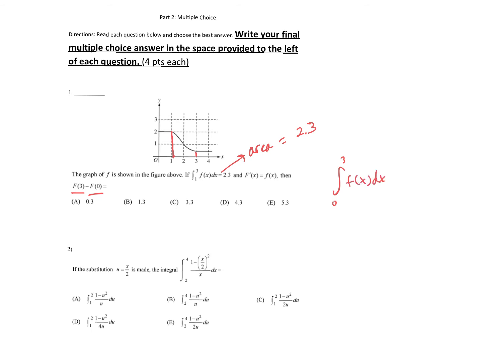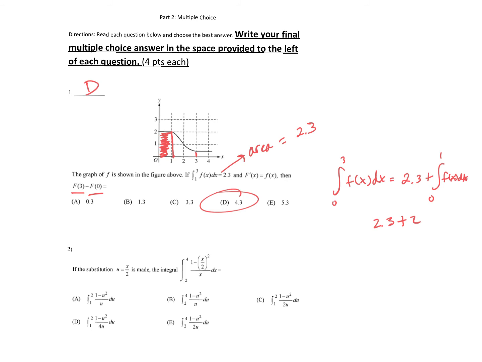Well, I know 1 to 3 is 2.3, so this is equivalent to 2.3 plus the area from 0 to 1. The area from 0 to 1 is just a rectangle, a 2-unit rectangle, so it's 2.3 plus 2. It's 4.3. Done.